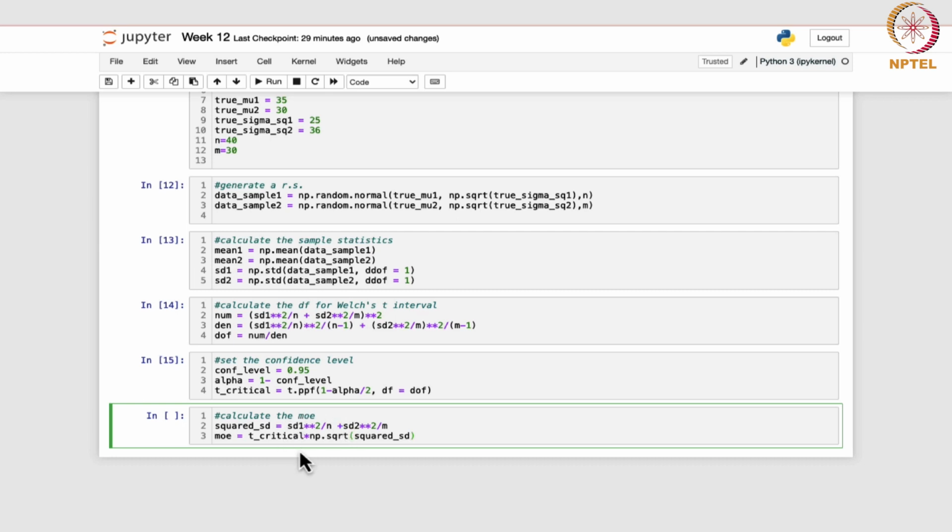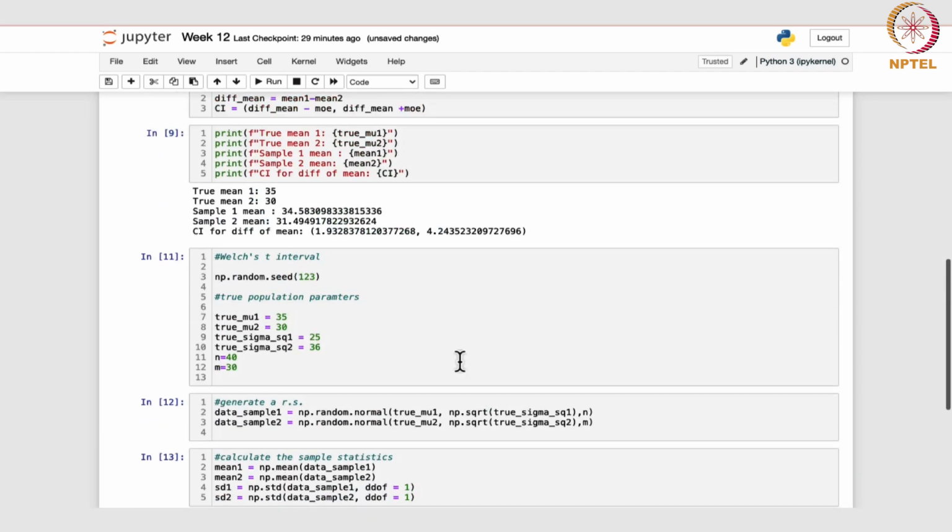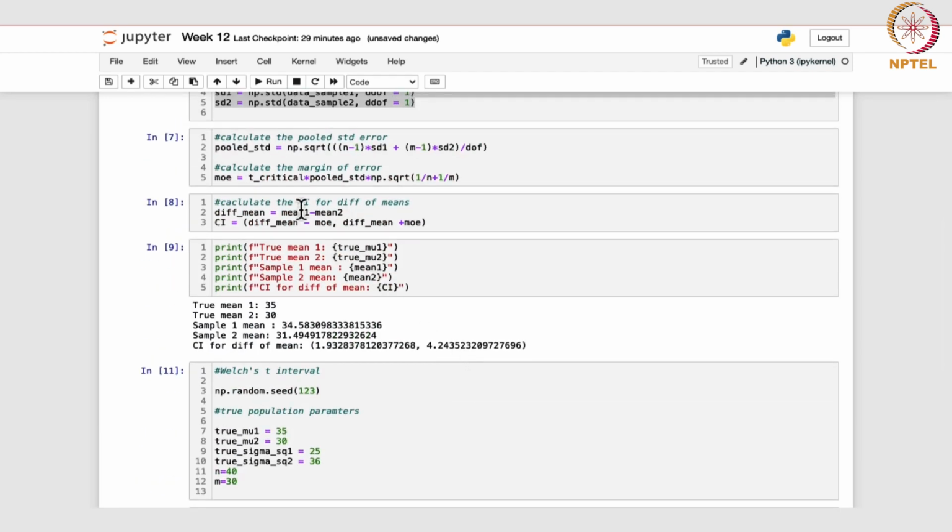So you have T critical evaluated at these degrees of freedom, and you are multiplying it with sx square over n plus sy square over m. So this is the margin of error, and finally you can substitute it for calculating the difference of means or the confidence interval.